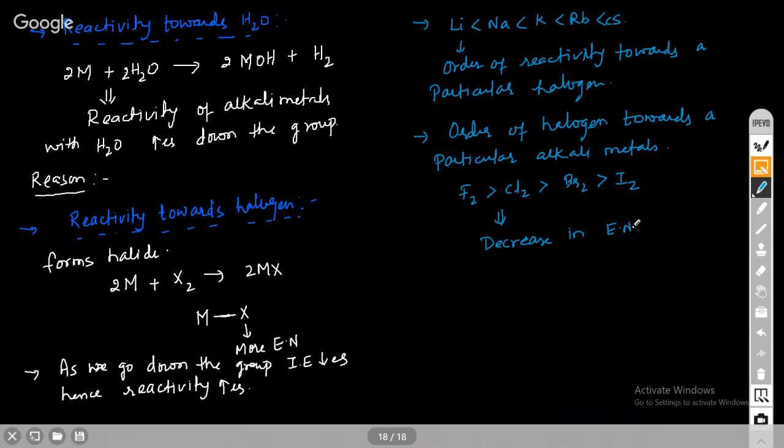Stability of metal halide. For a metal halide, suppose LiCl, NaCl, KCl, RbCl, etc. For all these metal halides, as we go down the group, the size increases and hence stability decreases.